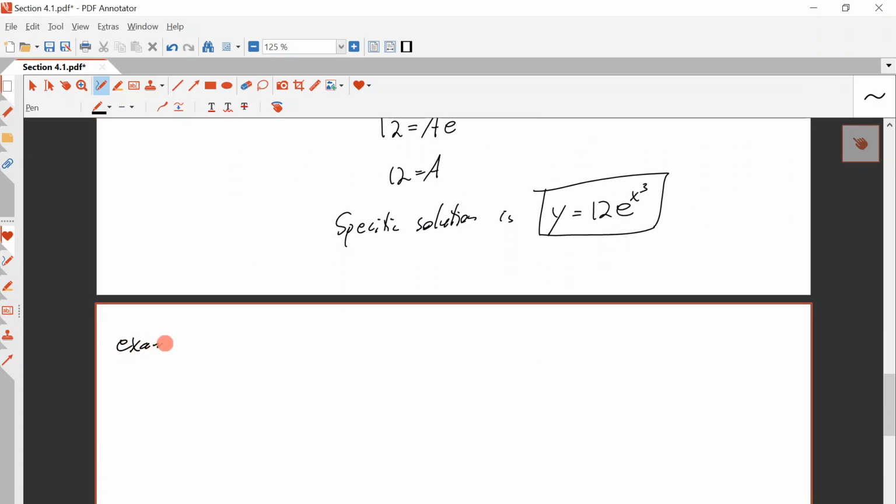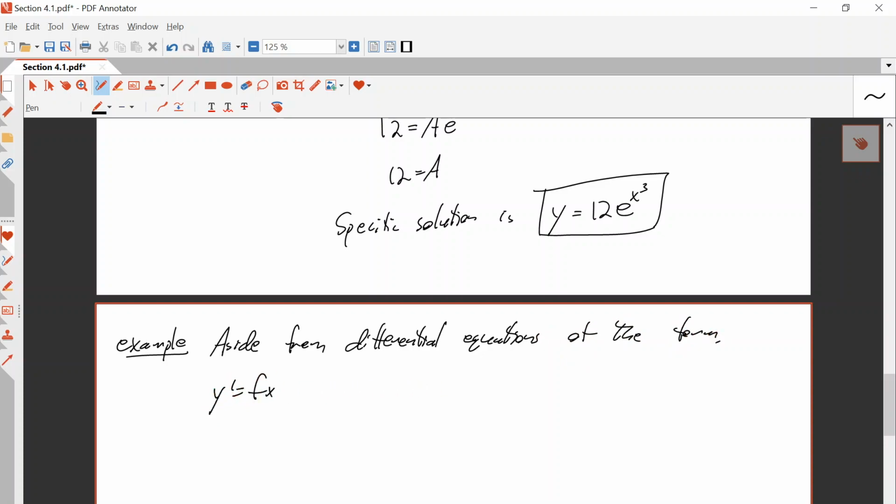Well, there's various ones, but aside from differential equations of the form y prime equals f of x, we can also solve equations of the form y prime equals f of x times g of y.